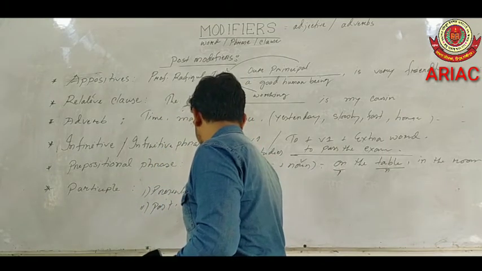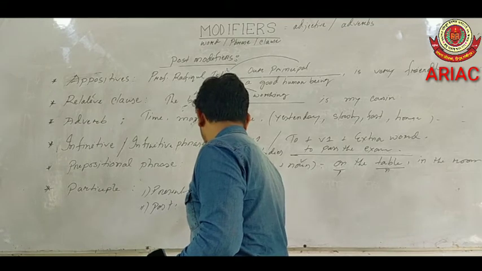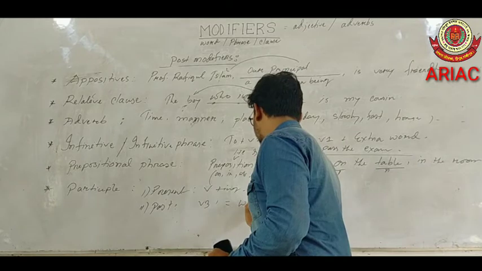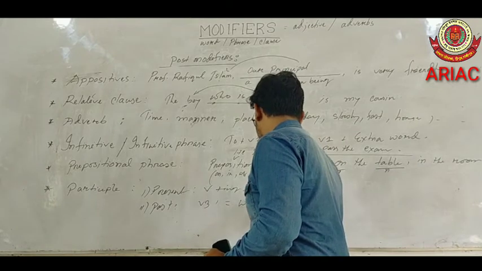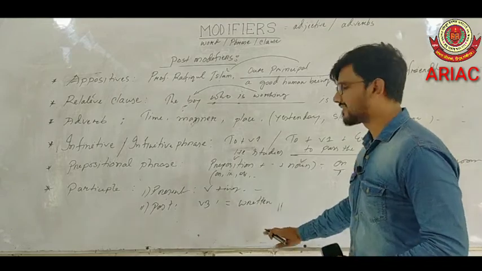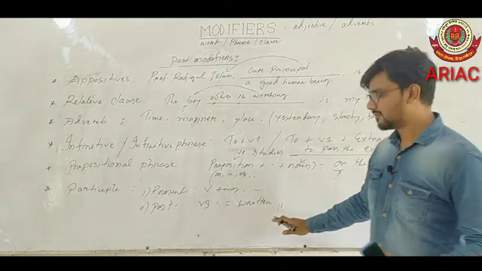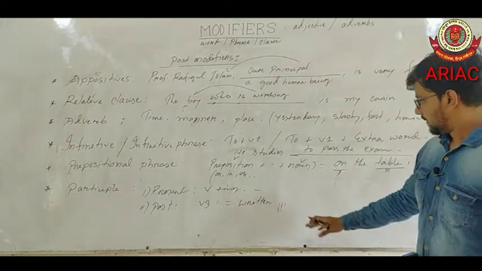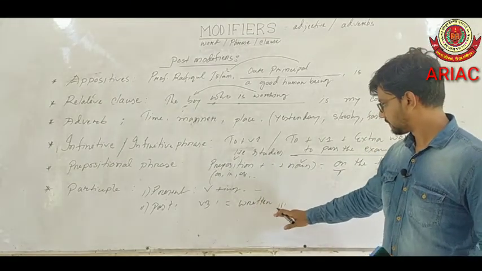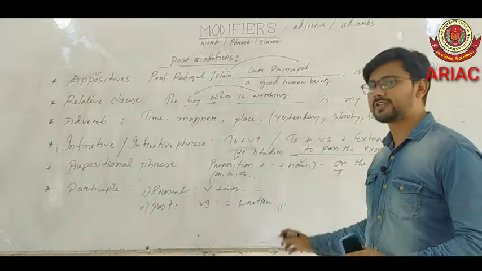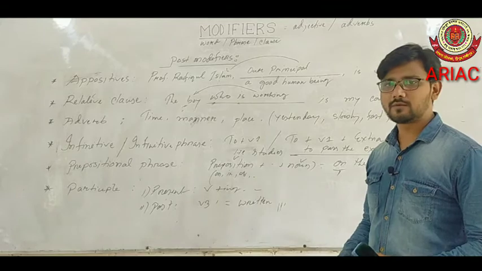Past participle means verb 3, the past participle of the verb, like written.